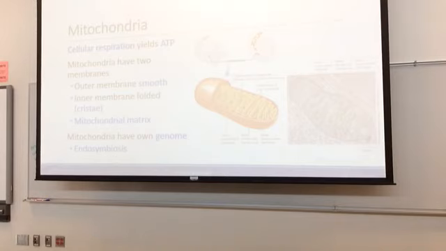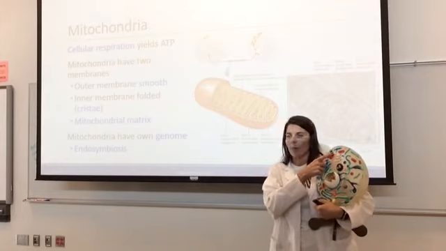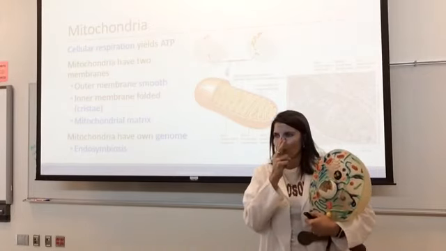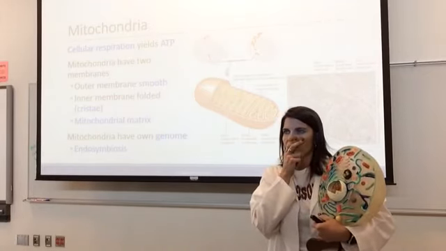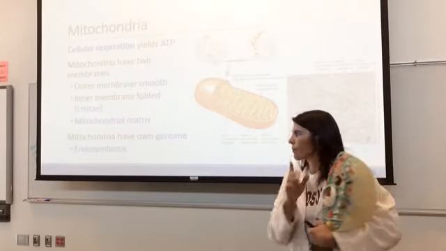So this mitochondria that we have within our cell has not just one plasma membrane, but it has two. Nothing else in here has two, just the mitochondria.